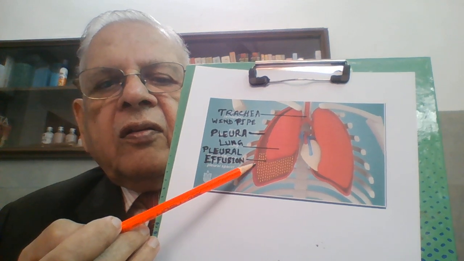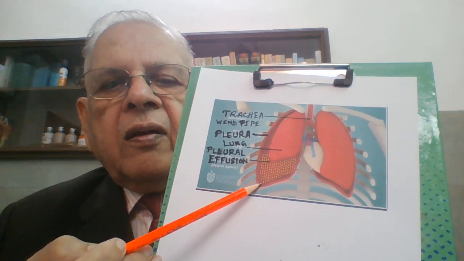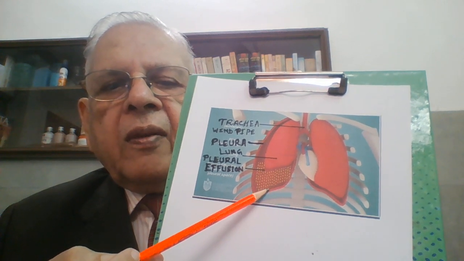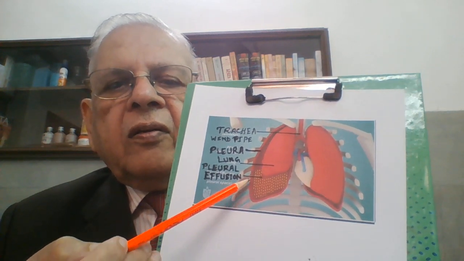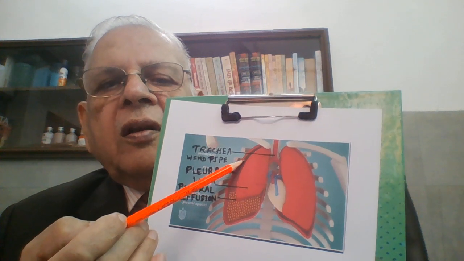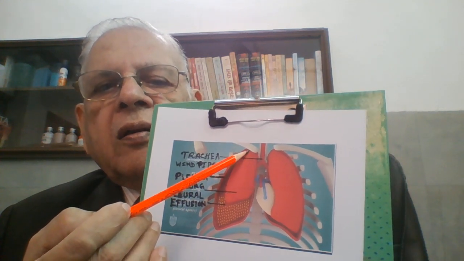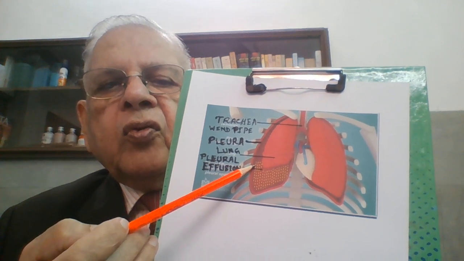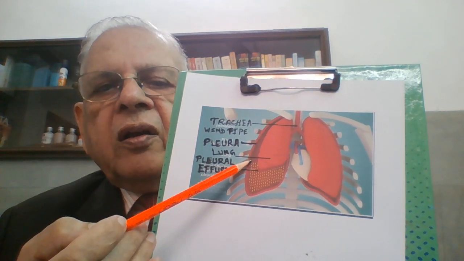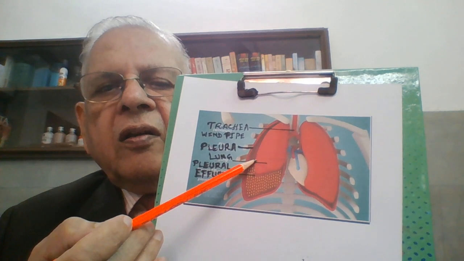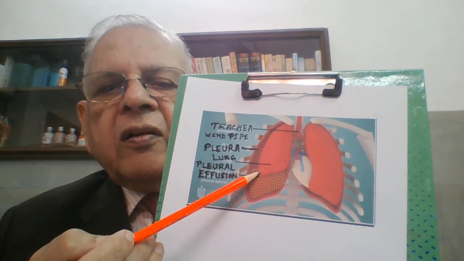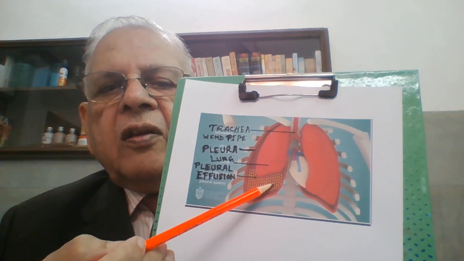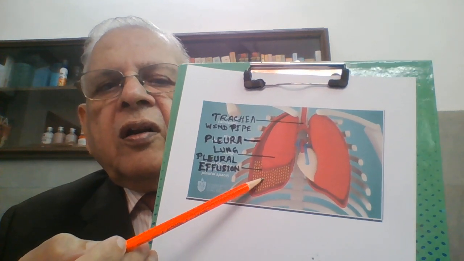And this lining, see this lining, this is the thin covering of the lung, and since this has two layers, this is the outer layer. The inner layer is adhering to this lung tissue. Between these two layers you find this fluid. This is called pleural effusion.